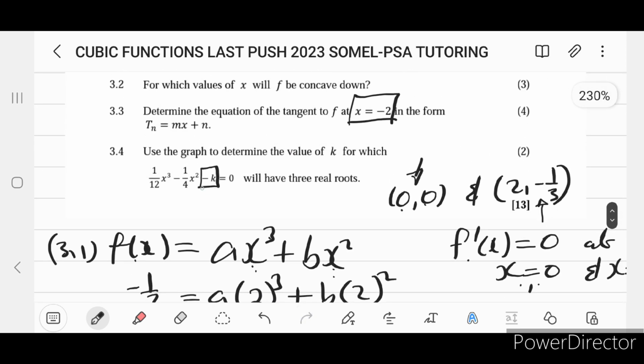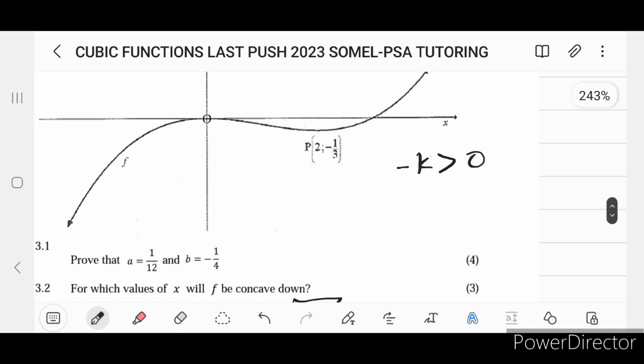The y-intercept here, this minus k, must be greater than 0. That means if I am to take the k to the other side and bring the 0 to the other side, because remember in inequalities, if you divide both sides by negative, the sign will change. So my k must be less than 0.